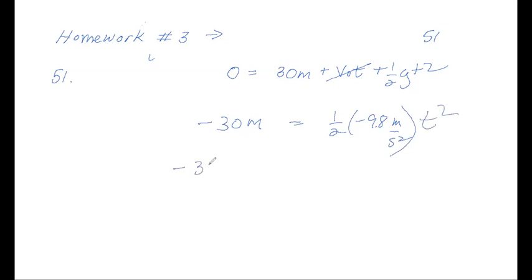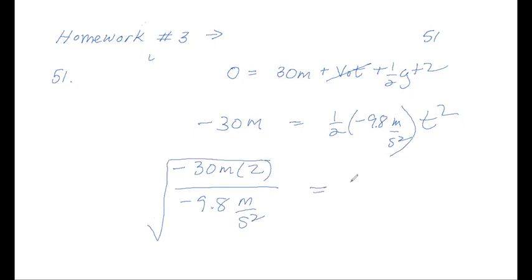So negative 30 meters times 2 divided by negative 9.8 meters per second squared, under the radical, is going to equal t. I just did the algebra. And t is going to be 2.47 seconds. All right, that's t. That's how long it's in flight, because that's how long it takes to drop.